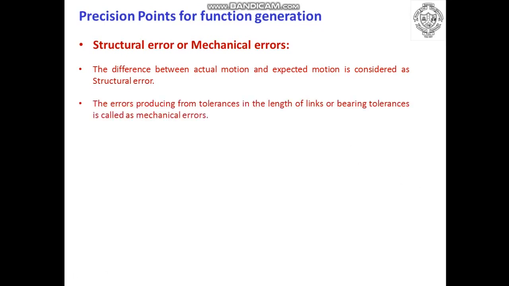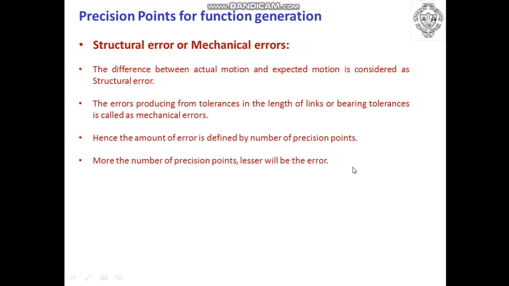The error arising from tolerances in the length of links or bearing tolerances are considered mechanical errors. This can come from a defective manufacturing process or such kind of reasons. So the amount of error is defined by the number of precision points. Hence, the more the precision points, the lesser will be the error and the more will be the accuracy.